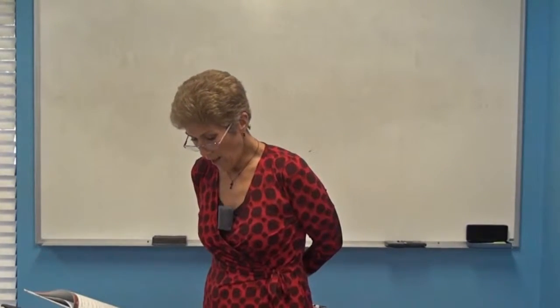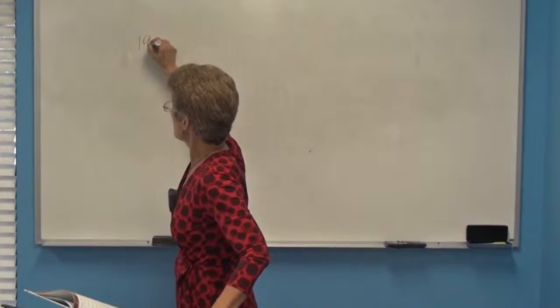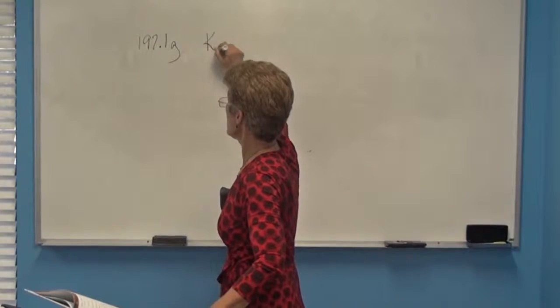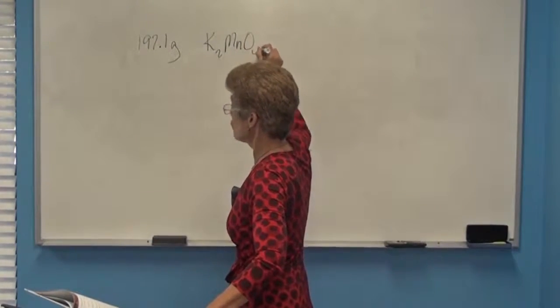Number 9, the mass of the molecule above is 197.1 grams, or AMUs, your choice. I'm going to use grams. What is the molecular formula? So 197.1 grams, and we had K2MnO4.